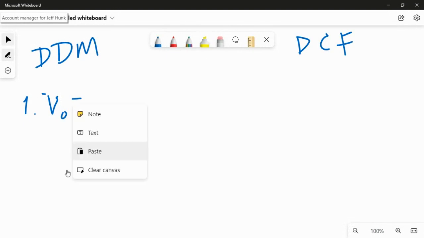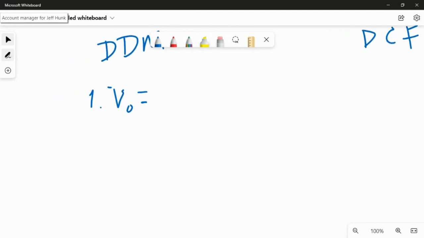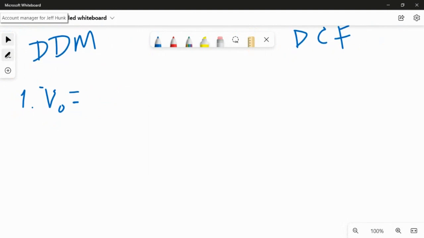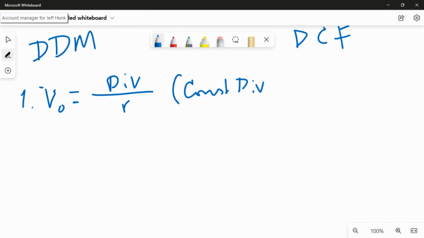The first one is the constant dividend model, or zero growth model, which is basically dividend over R. Constant dividend means the dividend is not growing, hence it's called the zero growth model.